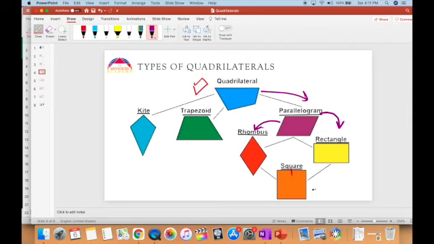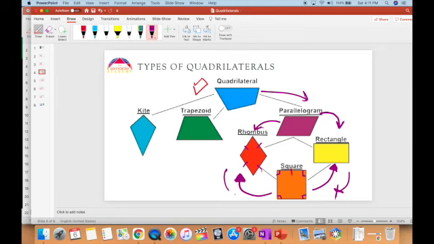A square is a type of rectangle, but a rectangle is not a square, right? A square is also a kind of rhombus because it has all of the things of a rhombus, where all of the sides are equal and the opposite sides are parallel. But a square has 90 degrees.